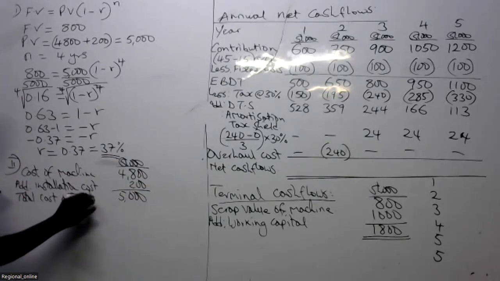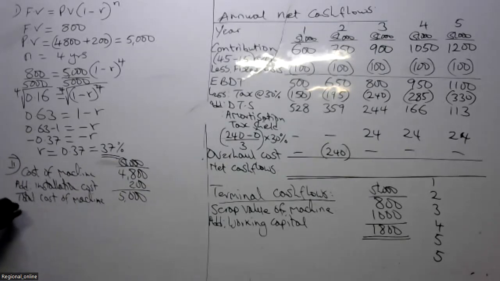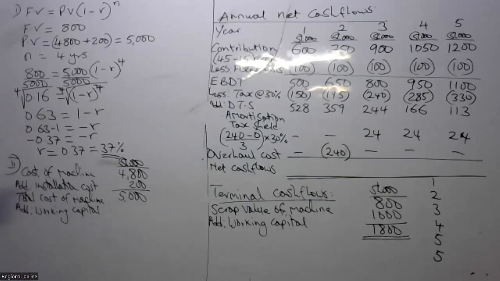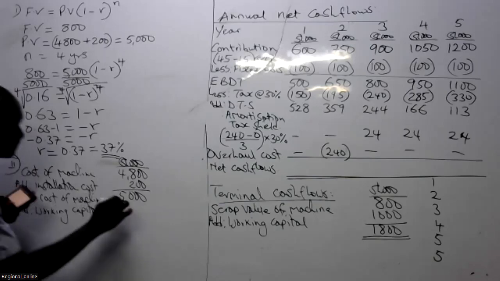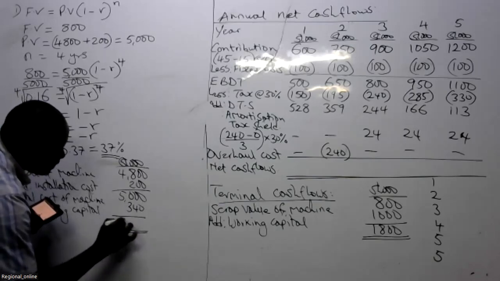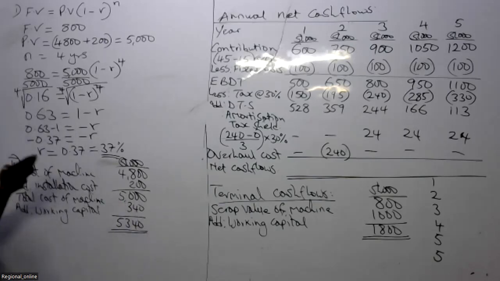We are not replacing, but we add what? We add the working capital. How much was the working capital? 340. So our initial outlay becomes 5,340.